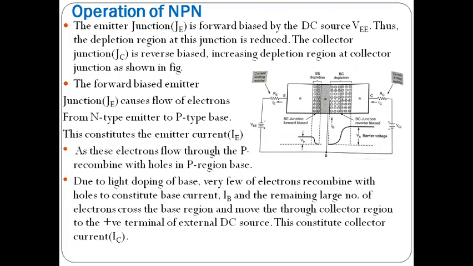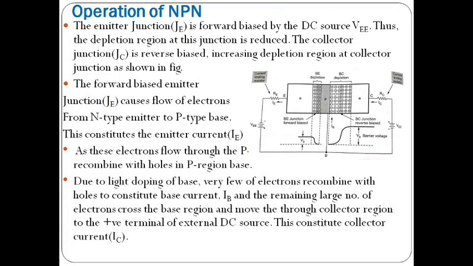So here you can observe, when the emitter junction is forward biased, the majority charge carriers, the electrons, cross the emitter junction and enter the base region. In the base region we have holes as majority carriers, and the width of the base region is very small.